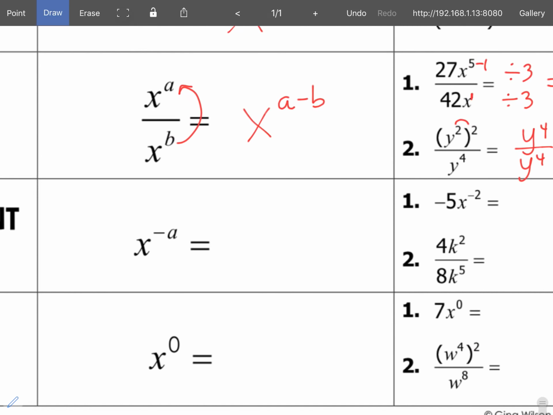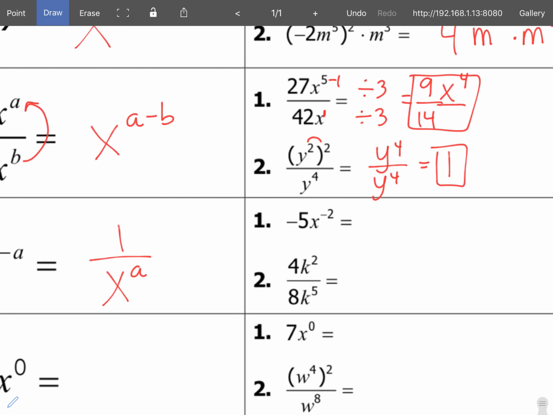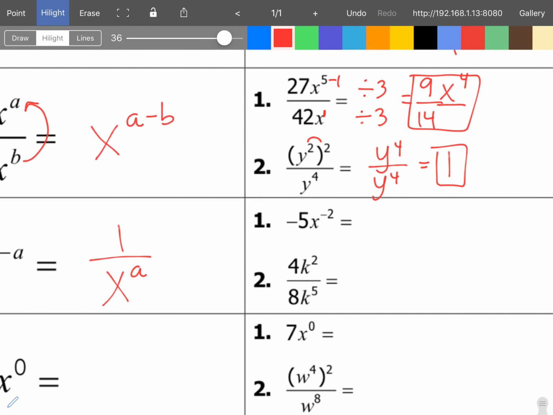Okay, negative exponent rule. When we have a negative exponent, remember we move it to the bottom to make it positive, and we put a 1 on top. So let's take a look here. Do you see how this is a negative right here? So this right here is a negative too.